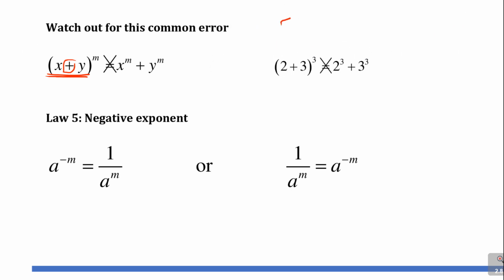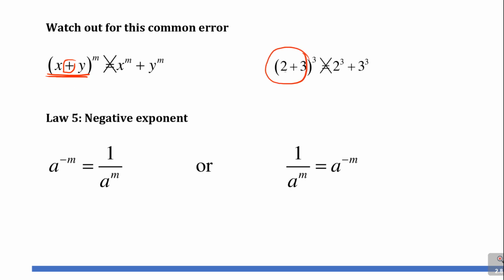I repeat again. If someone says 2 plus x to the power m, you can't say 2 to the power m plus x to the power m. No. Why? Plus. It only works with multiplication. These laws work with multiplication. Even here, this is wrong.